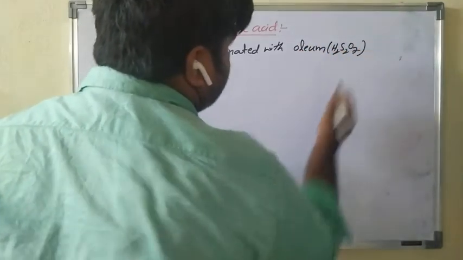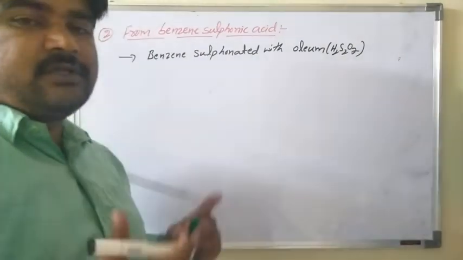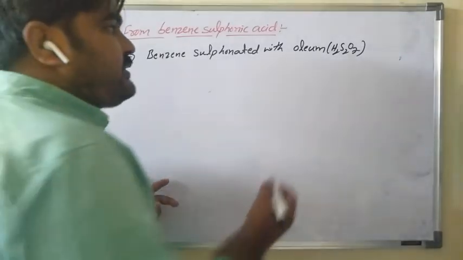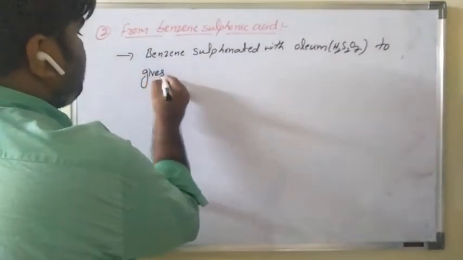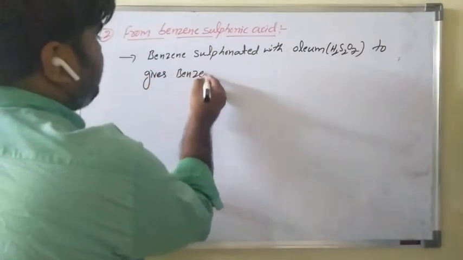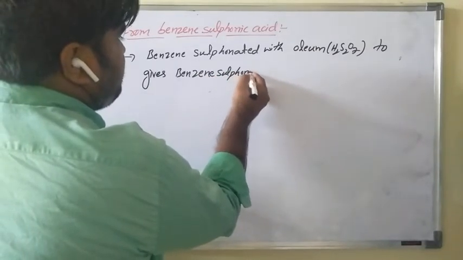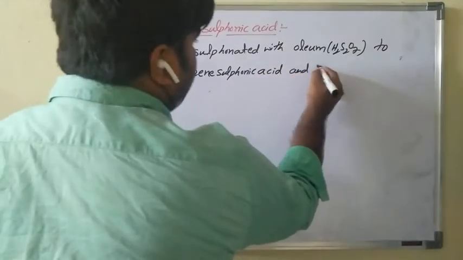So that is concentrated sulfuric acid and SO3. A mixture of concentrated sulfuric acid and SO3 is called oleum. So benzene is sulfonated with oleum to give benzene sulfonic acid.